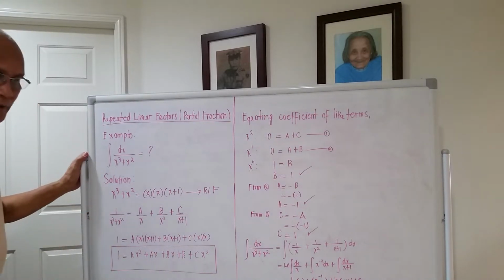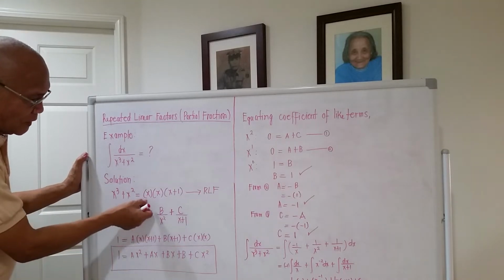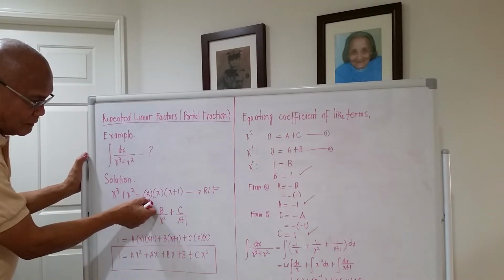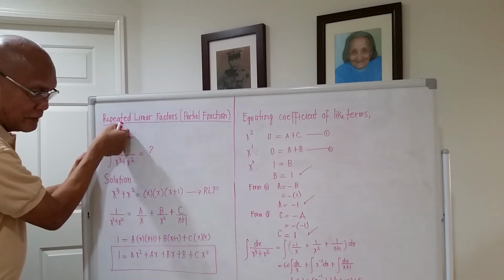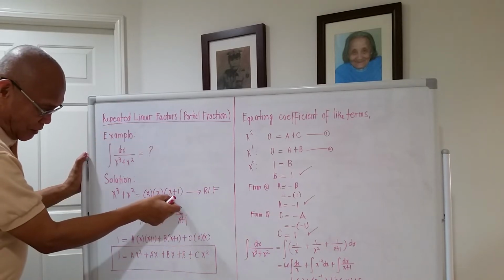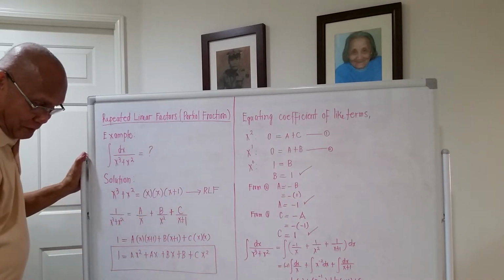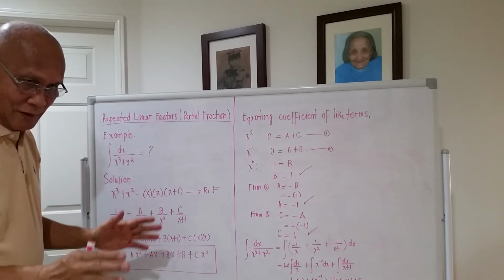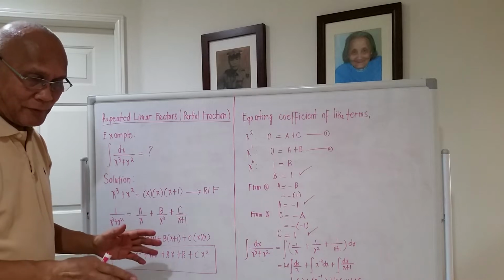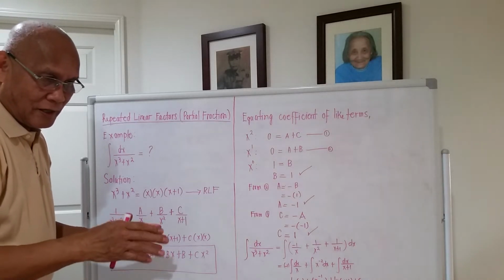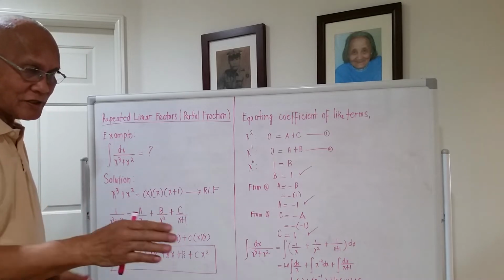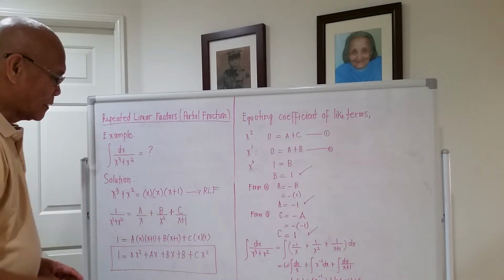Notice that x is a linear factor, and it is repeated. The linear factor x plus 1 is not repeated. So the given problem is a combination of a repeated linear factor and a not repeated linear factor.